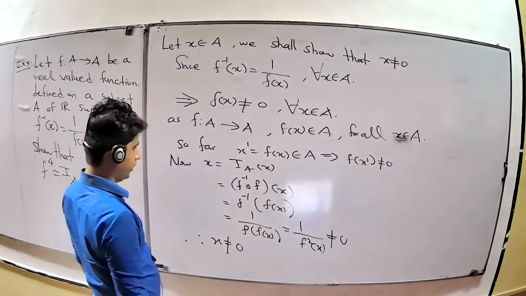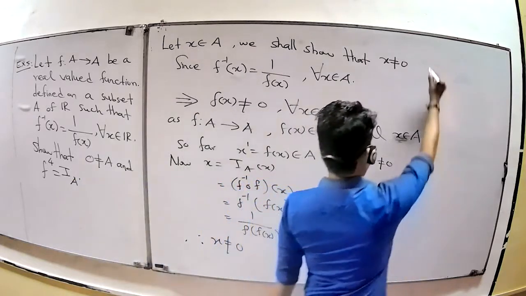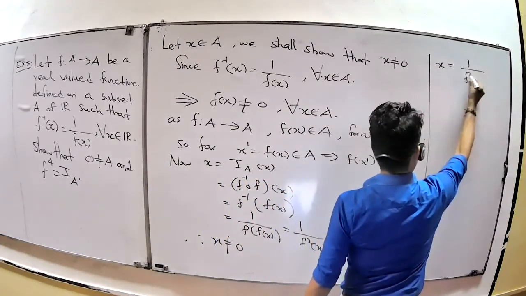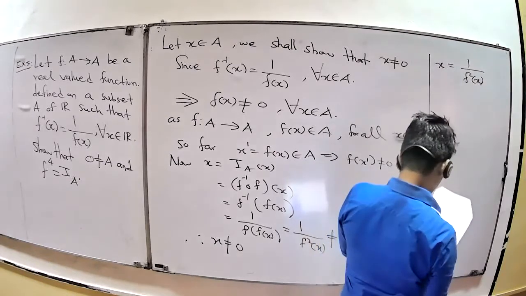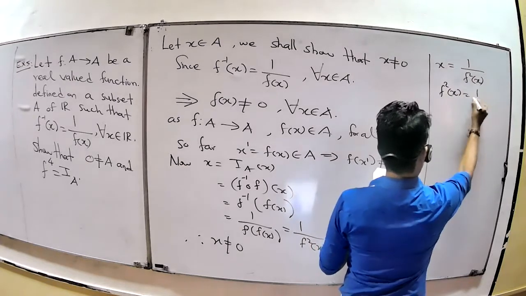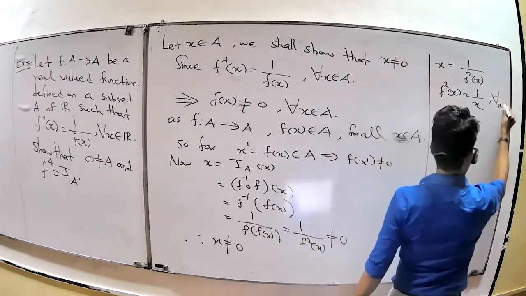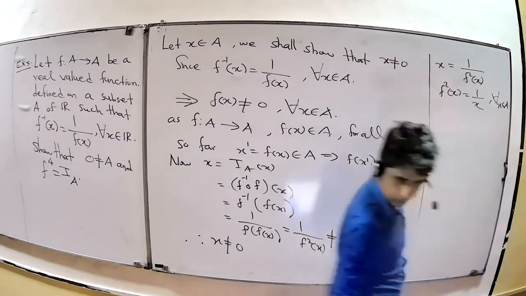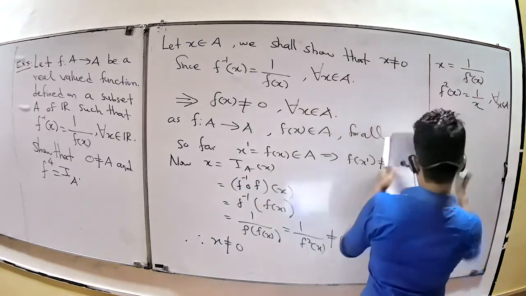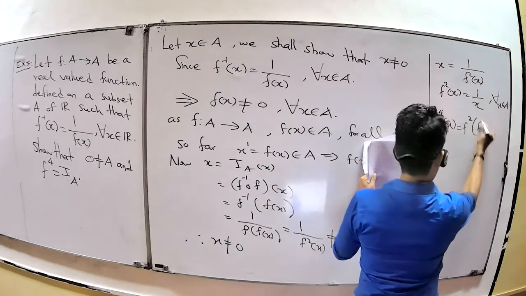Now from this part we have x equals 1 over f squared of x. Therefore f squared of x equals 1 over x for all x belonging to A with x not equal to 0. Now we take f to the power 4 of x, which is f squared composed with f squared of x.